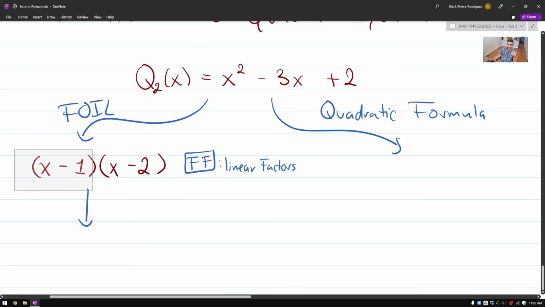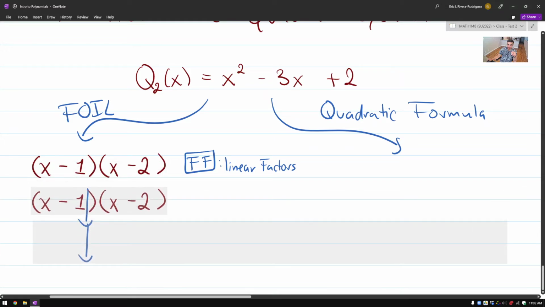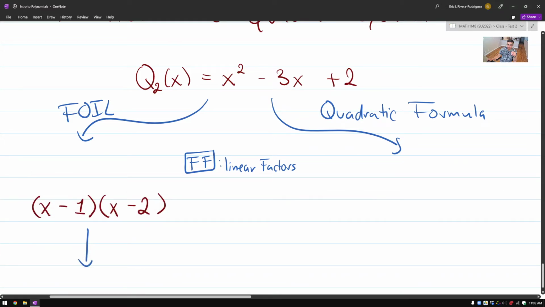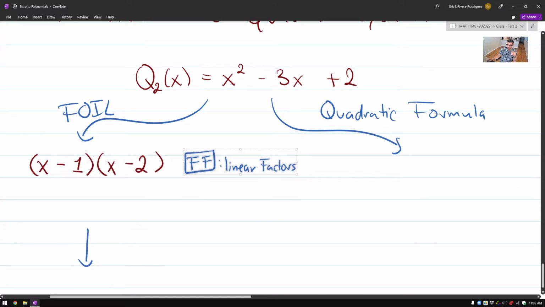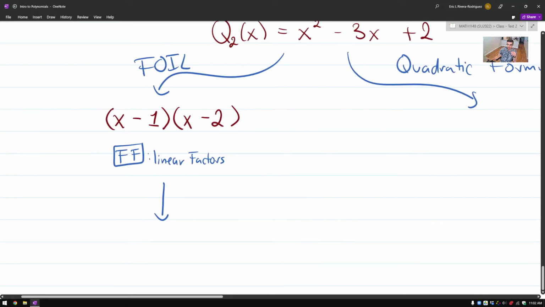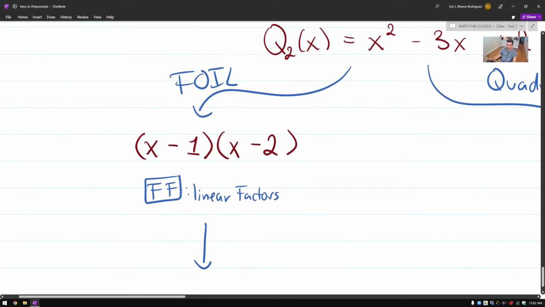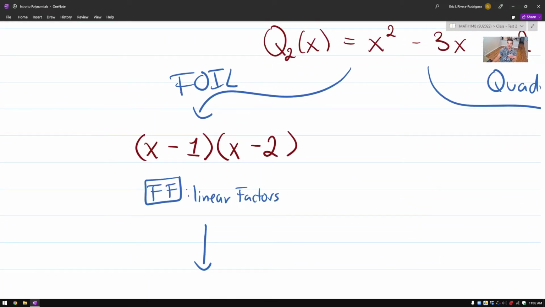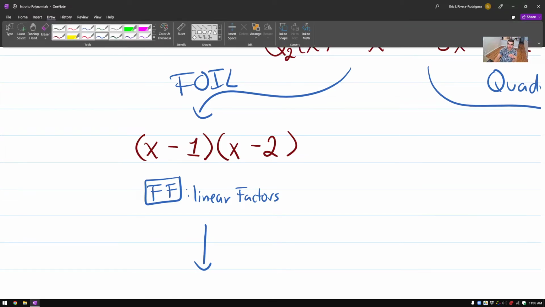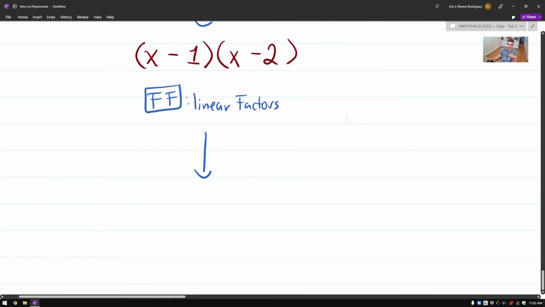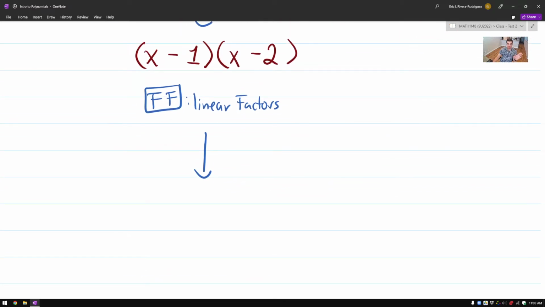Let me rearrange this because I don't like the way it looks. Okay, so that is what we got from the FOIL method initially: the factor form of the quadratic equation, and by that the linear factors.